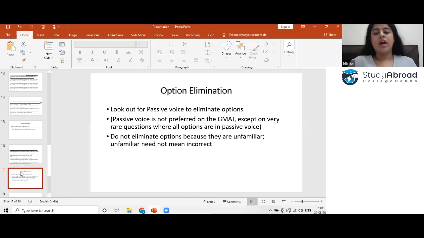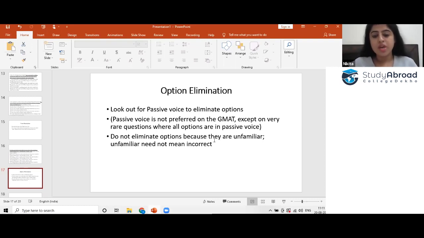Okay, now look at the pointer. It says do not eliminate options because they are unfamiliar. Unfamiliar need not mean incorrect. A very good tip, I would say, because we know the grammar rules as they are, but we are not very used to speaking all the sentences correctly because English is not our first language.